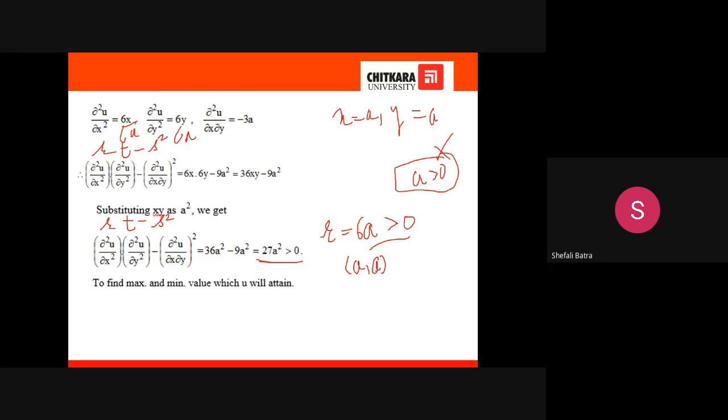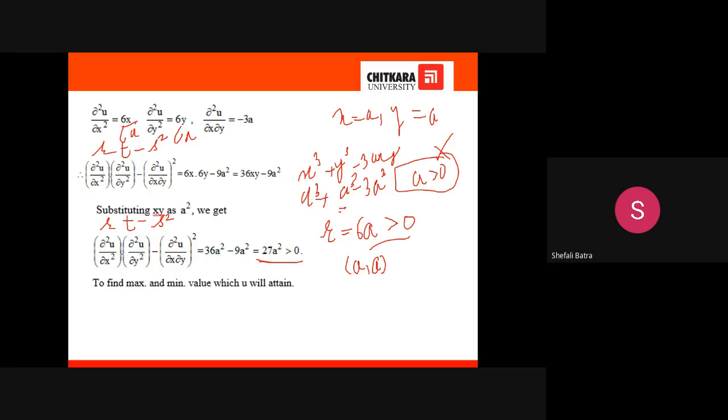And what will be the minimum value? Function is x cube plus y cube minus 3a xy, right? So we will be putting x is equal to a, so a cube plus y is equal to a, a cube, minus 3a cube.